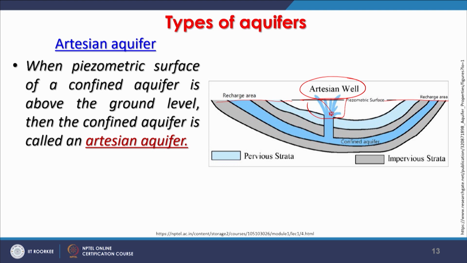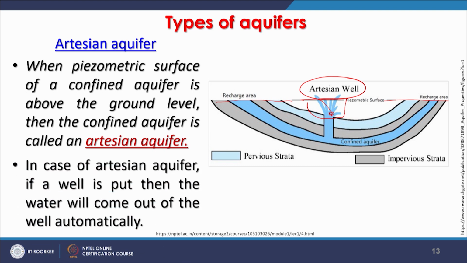So, when the piezometric surface of a confined aquifer is above the ground level, then the confined aquifer is called an artesian aquifer. If somebody gets this, then you may get the water round the year without any pumping, without putting in any energy. That is the best solution if one can find it.